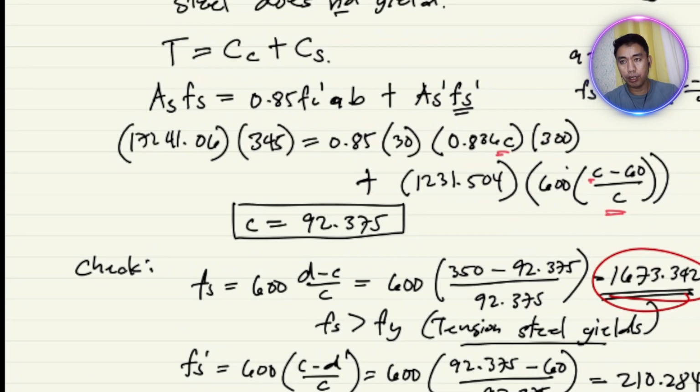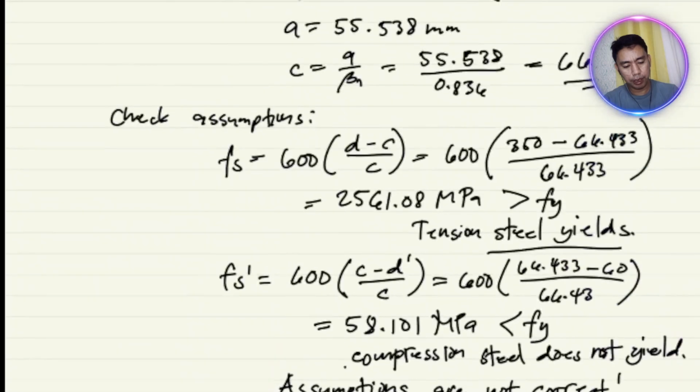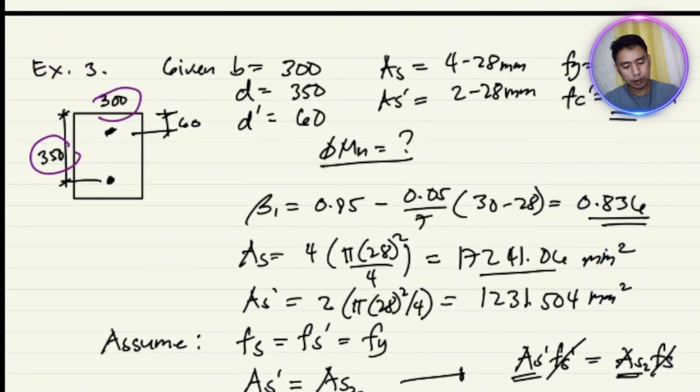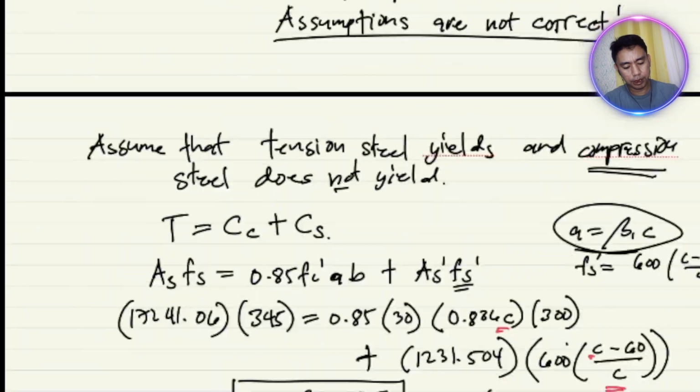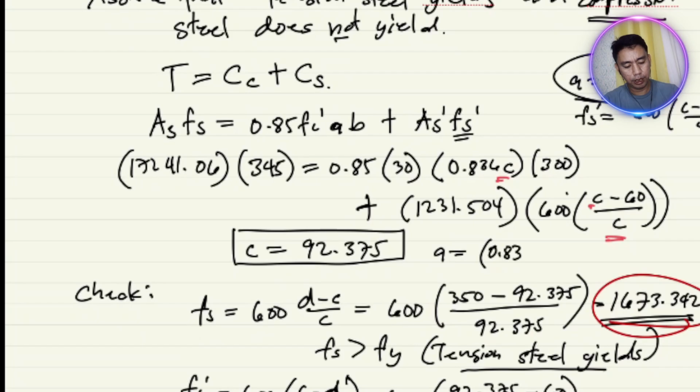From C, if we go back to C, di ba, A is equal to beta 1C, right? So A here, I will just insert here, is beta 1. Yung nasolve natin na beta 1, yun na to. Beta 1, 0.836 times 92.375. Okay, this is equal to 77.226.